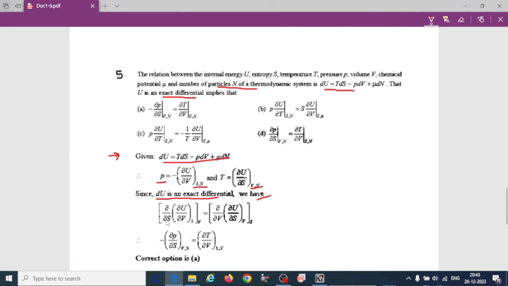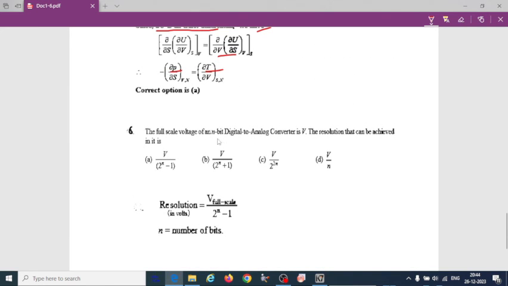Dou by dou S, these with respect to what? Constant volume, dou V by dou U by dou V. So like that RHS side, if we equate, we will have here in terms of pressure and temperature differential equation. So the option A is going to be correct.